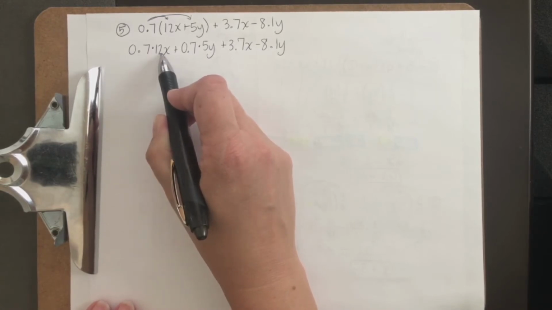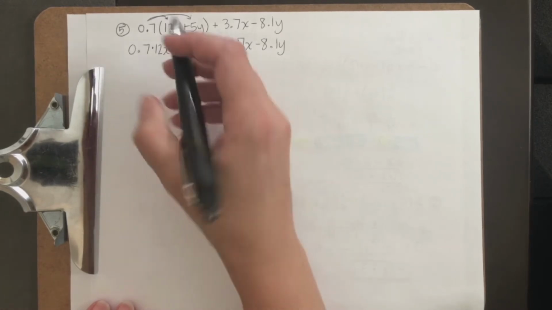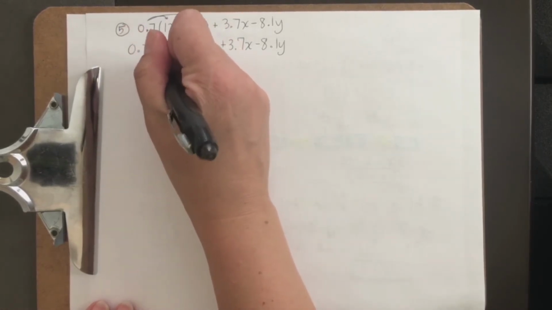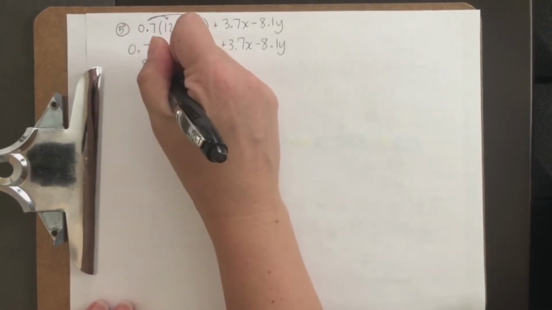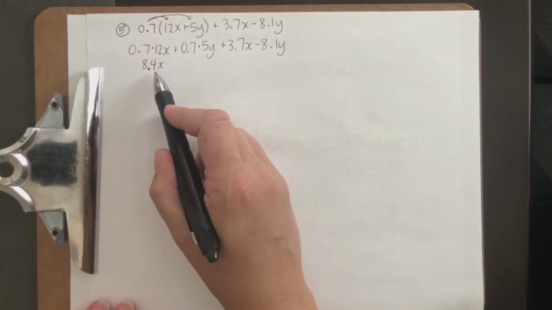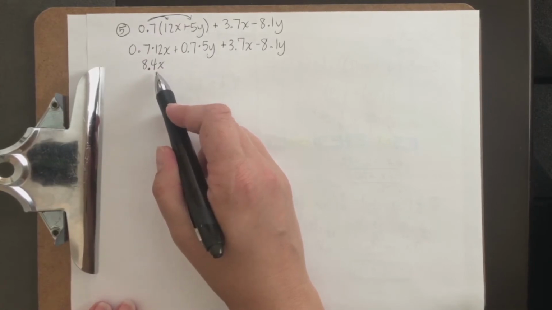When I add 14 and 70, I get 84, and then I need one decimal place. So it's going to be 84, and then I put in a decimal place. So it's 8.4x.